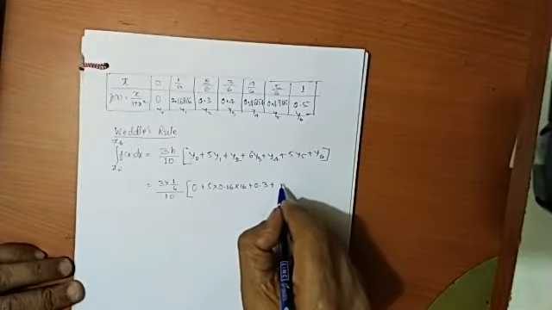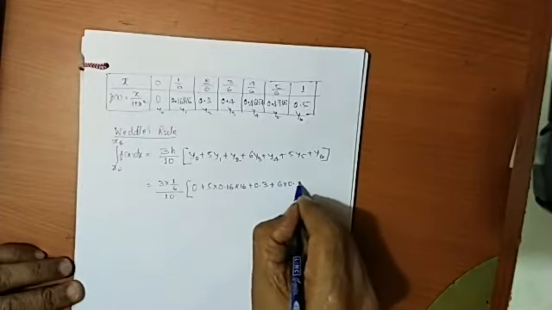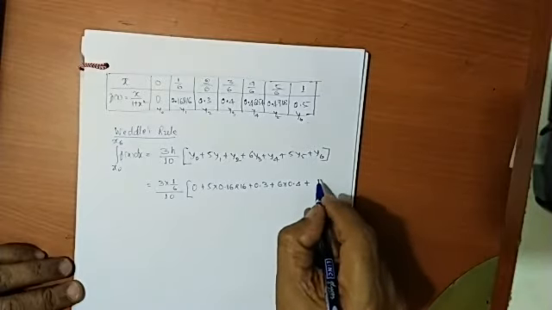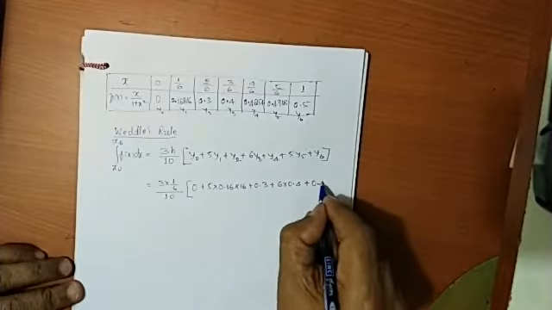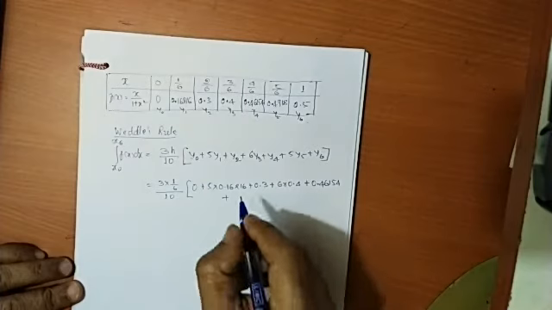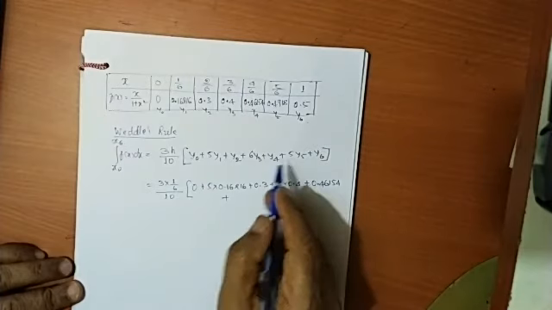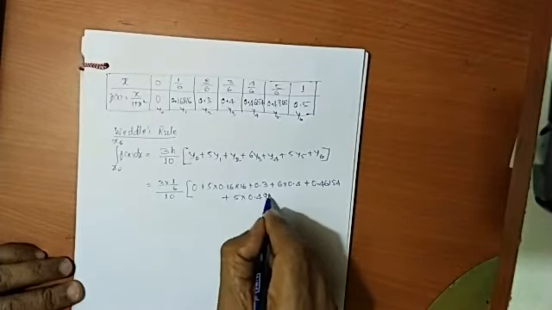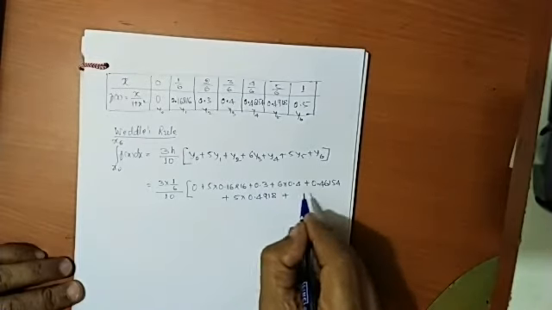So 6 times y3 is 6 into 0.4, plus 5 times y4. y4 is 0.46154, plus 5 times y5, 5 into 0.4918, plus 1.